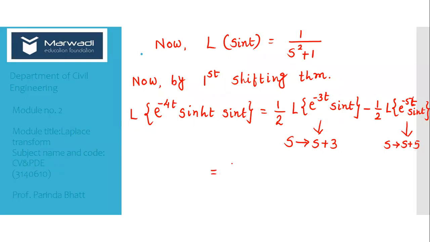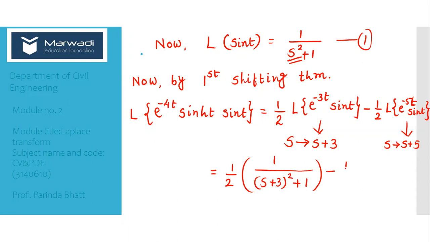Therefore, 1 by 2 in this one, equation number 1. Now s is changed, with no change in the numerator: 1 upon (s plus 3) whole square plus 1, minus 1 by 2, again numerator as it is, in place of s, (s plus 5) square plus 1.